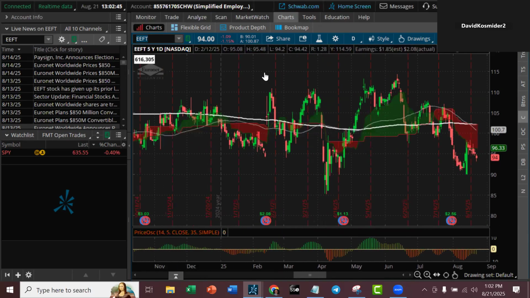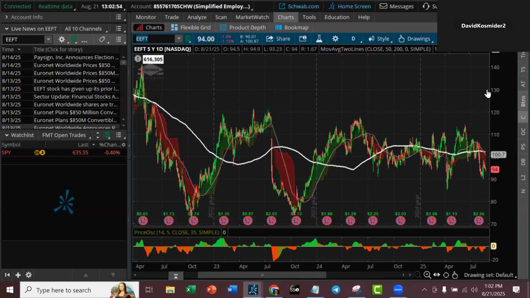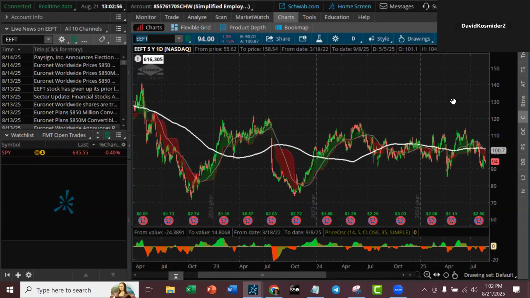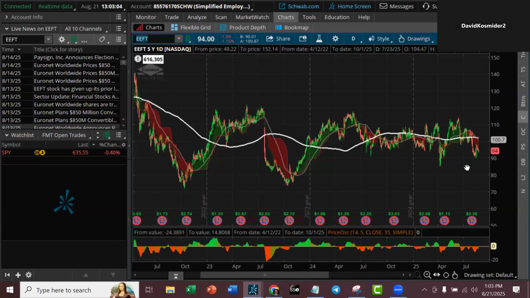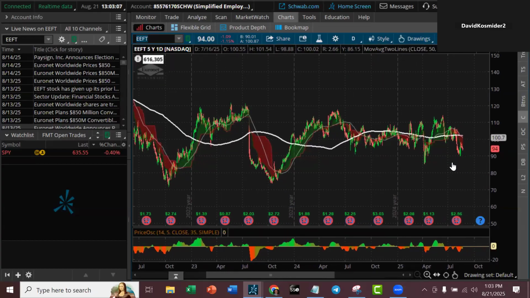This is Thinkorswim, a daily chart, and it's pretty choppy. In this time frame there's no real trend. If we zoom out, it doesn't get much better, does it? There was a downtrend, and then now it's a tightening and then an expanding channel.